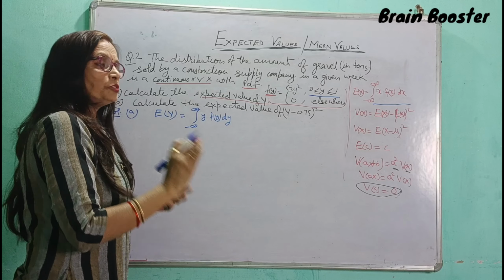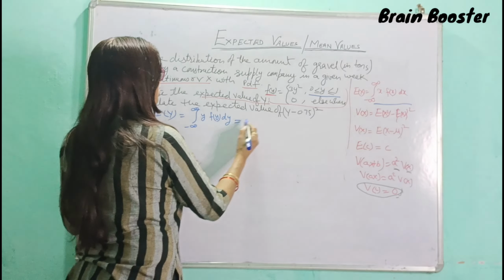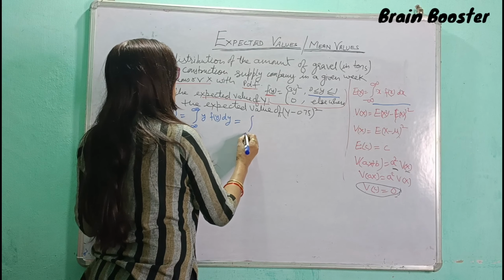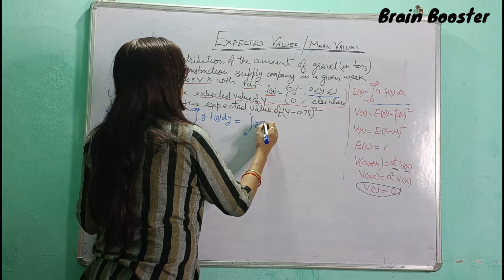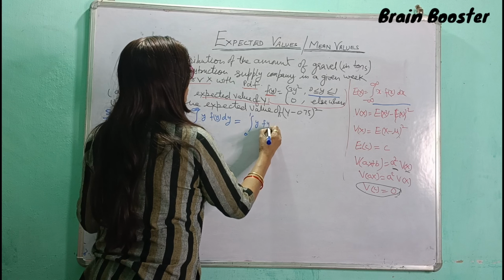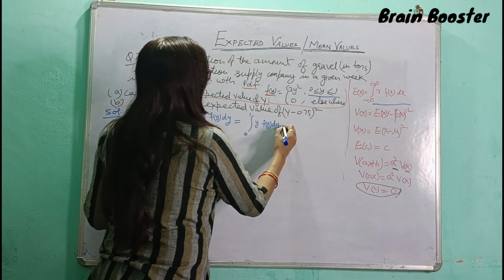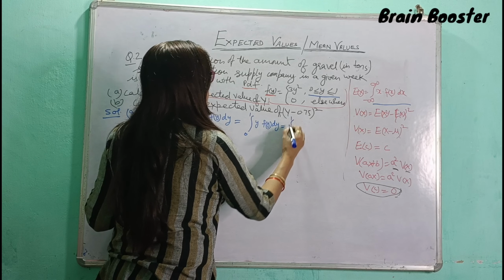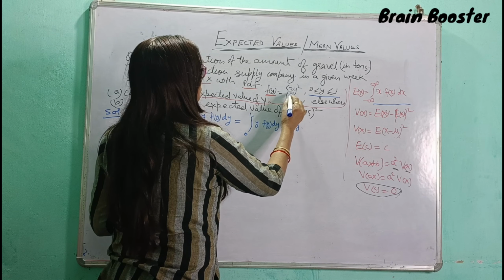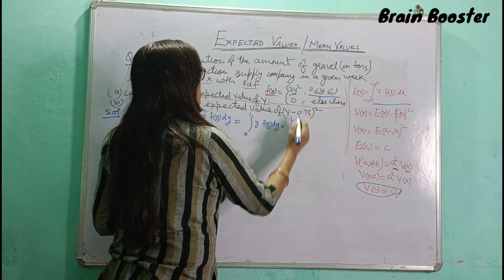Elsewhere it is 0, f(y) is nonzero only between 0 to 1. That means the integral from 0 to 1 of y f(y) dy, and f(y) between 0 to 1 is 3y square.